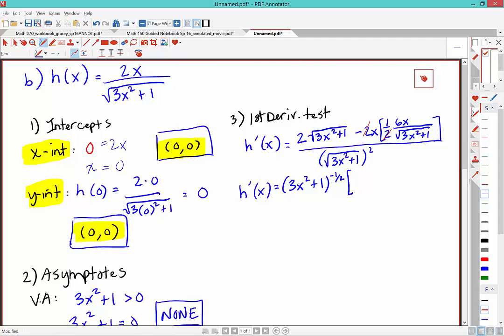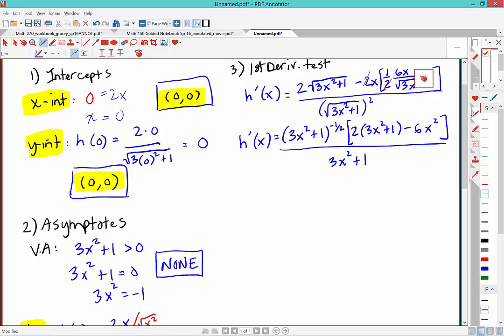And we'll have in the numerator 2 times 3x squared plus 1 to the 1 power, and then minus 6x squared, all over 3x squared plus 1.